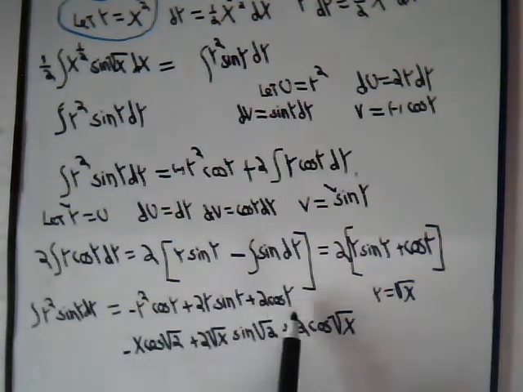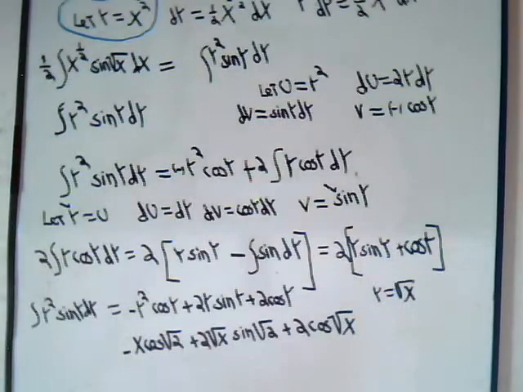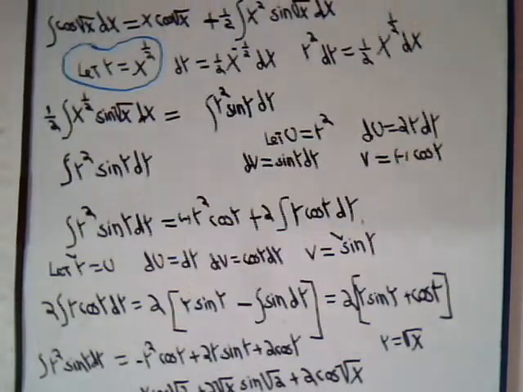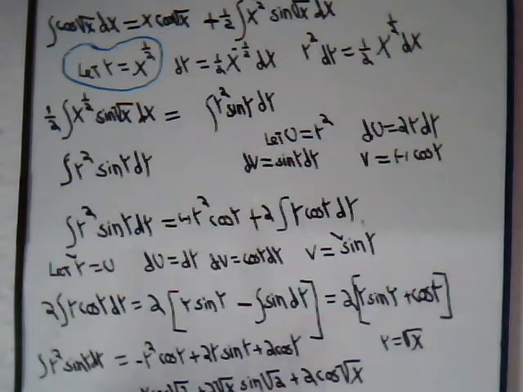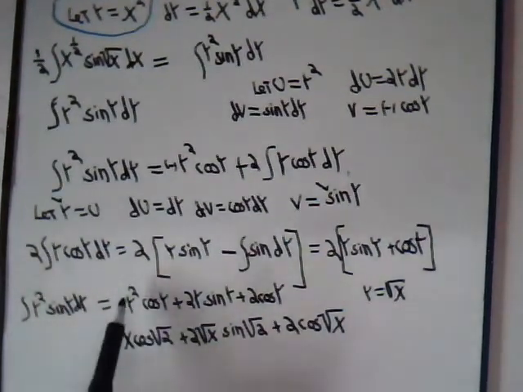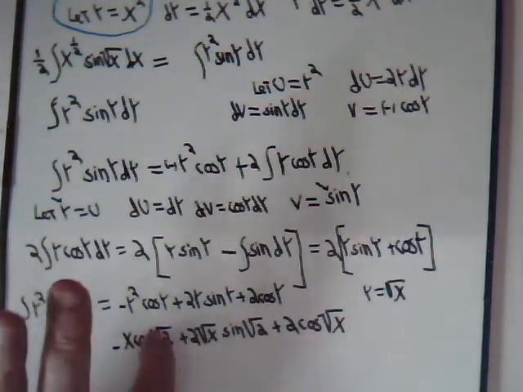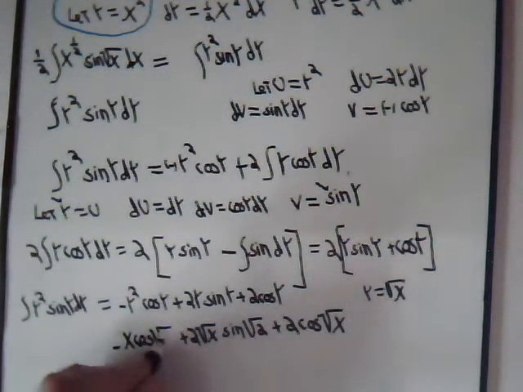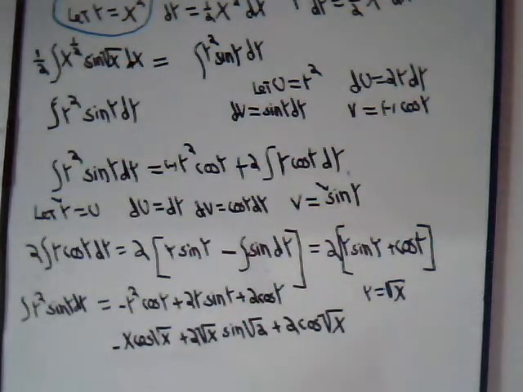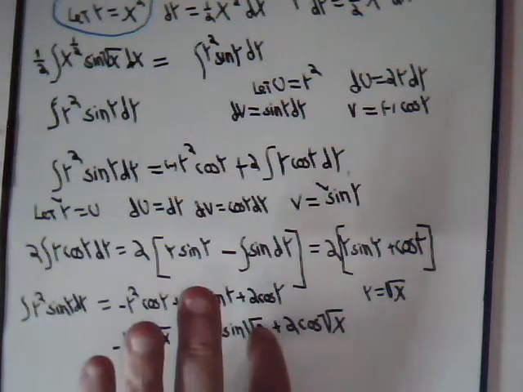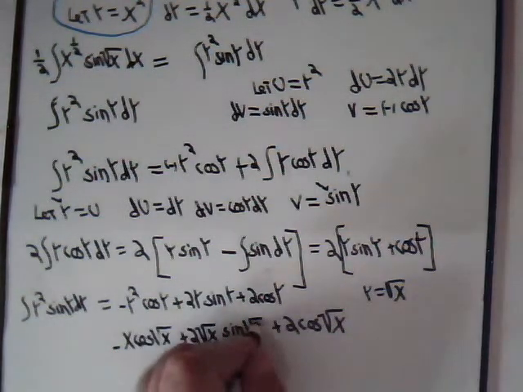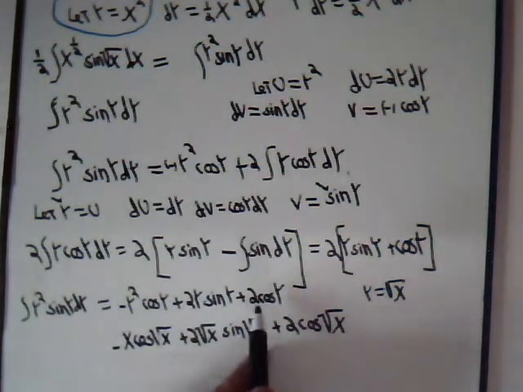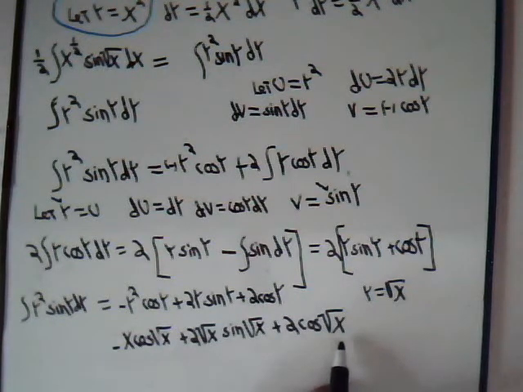That's this integral here, substituting what x is. y equals x to the 1/2 power. So putting that into here, minus x times the cosine of the square root of x plus 2 times the square root of x times the sine of the square root of x plus 2 times the cosine of the square root of x.